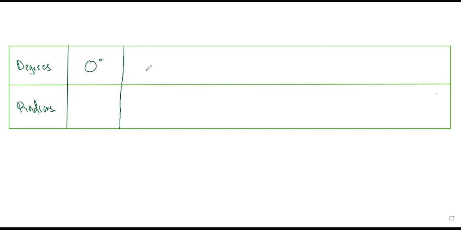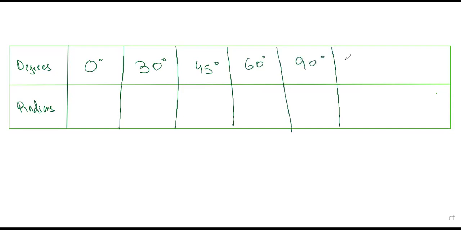If we have 30 degrees, 45 degrees, then 60 degrees, then 90, 180, 270, and 360. So 0 degrees is basically equal to 0 radians.